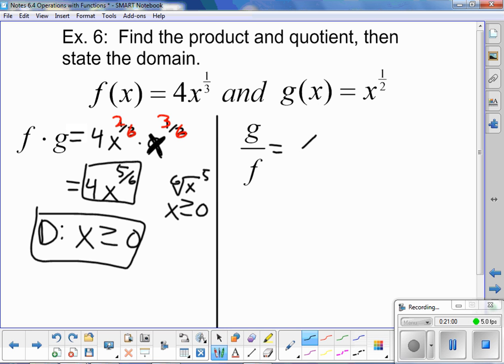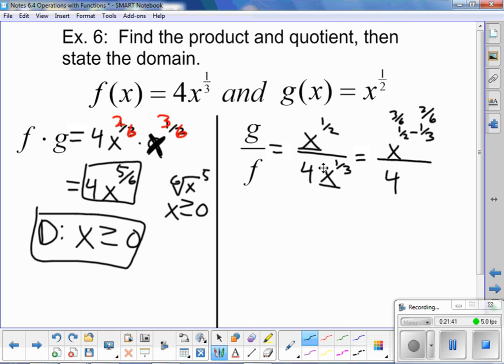So g is x to the 1/2 power. F is 4x to the 1/3 power. Since I have the same base here and here, what I can do is just say it equals 4 stays on the bottom, x to the 1/2 minus 1/3, the quotient of powers property. So what that's going to be is 1/2 is 3/6. 1/3 is 2/6.